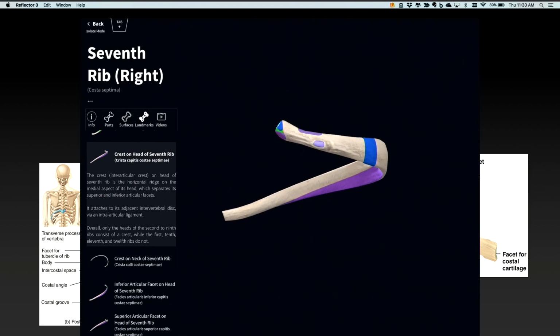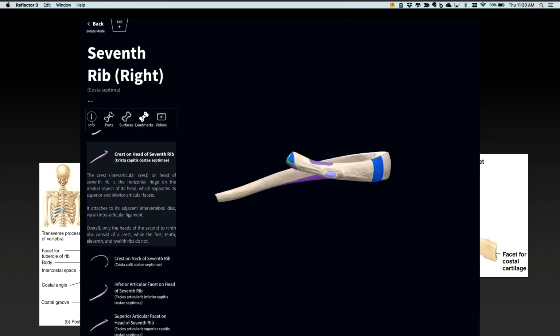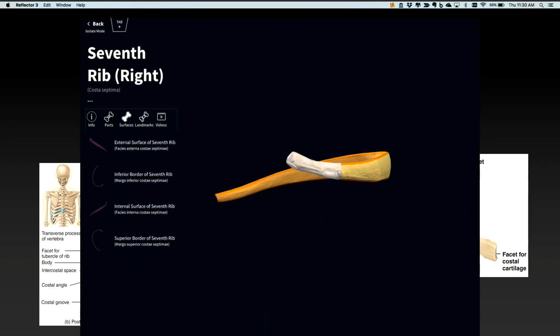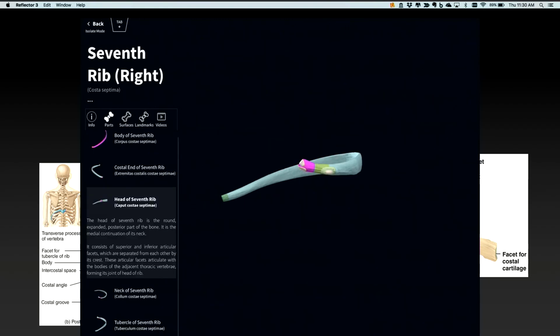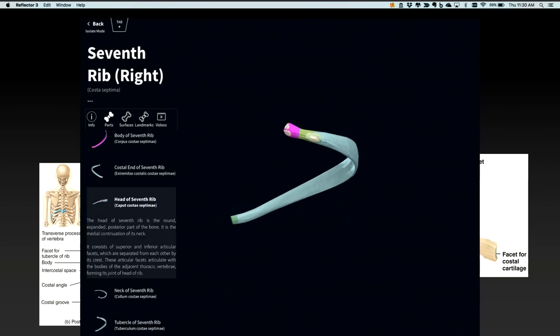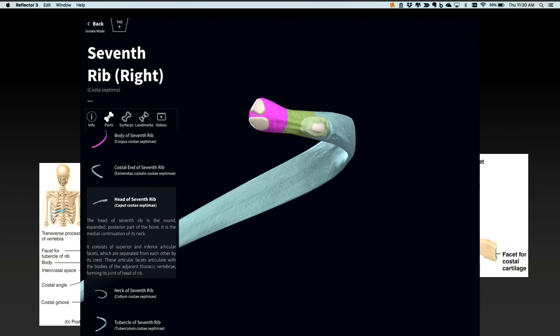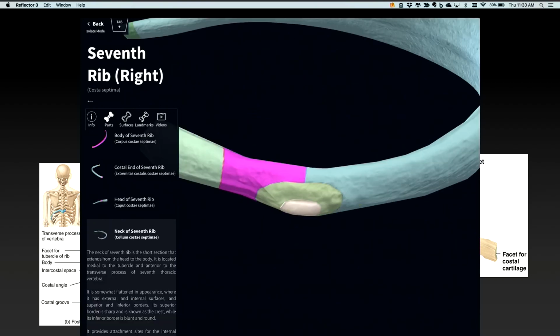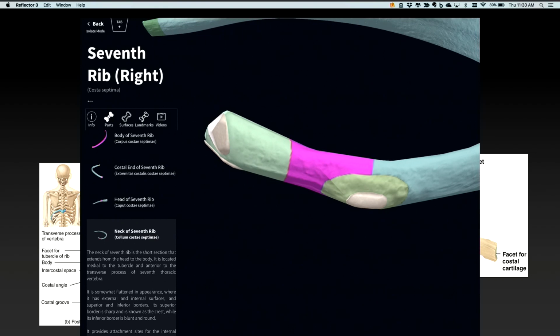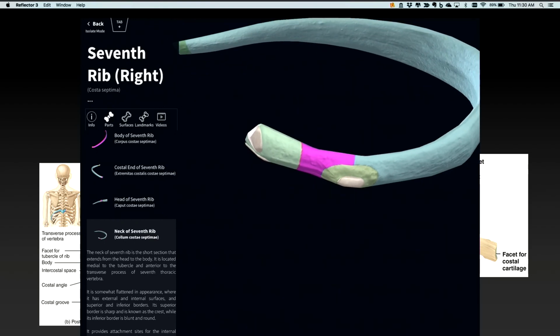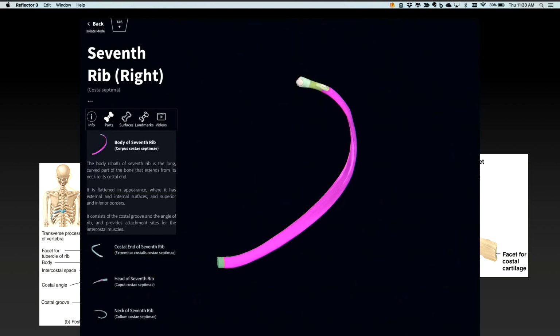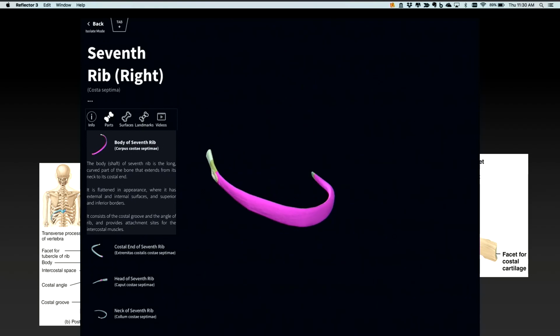There is the head of the 7th rib, containing both of the articulating surfaces. Neck of the 7th rib at the level of the tuberosity. And then the body, by far and away the majority of the rib.